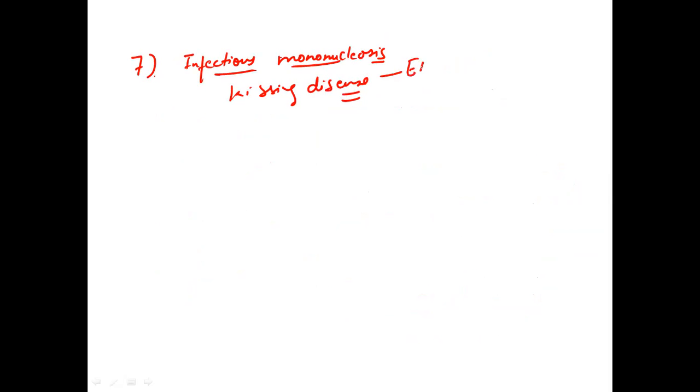Then come to your infectious mononucleosis. So what is infectious mononucleosis? It is also called kissing disease. It is caused by Epstein-Barr virus. Again, there is a confusion between kissing disease and Epstein-Barr virus, right?